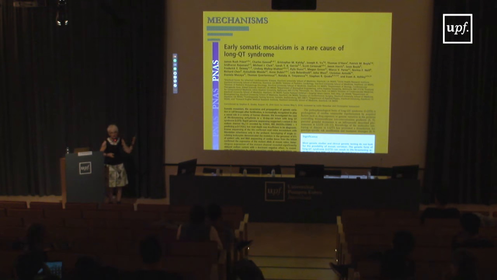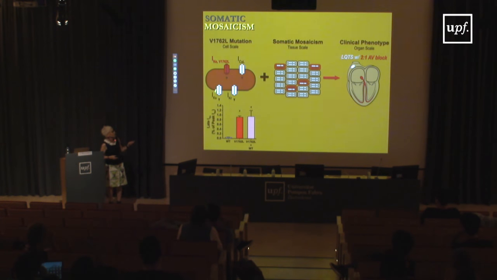That allowed the researchers to do a full characterization of these 2 different types of cells. They were able to measure currents, and in her mosaic cells, she has a much enlarged late sodium current. So the cellular behavior was different.